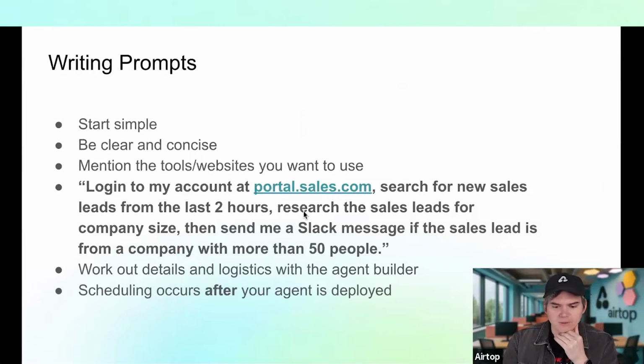So: log into my account at this website, search leads from the last 2 hours, research company size, then send me a Slack message if the sales lead is from a company with more than 50 people. If you're using n8n, I would offload things like Slack to n8n because then you have more versatility, and just have Airtop focus on the web automation stuff, like logging in and clicking and doing this and that.